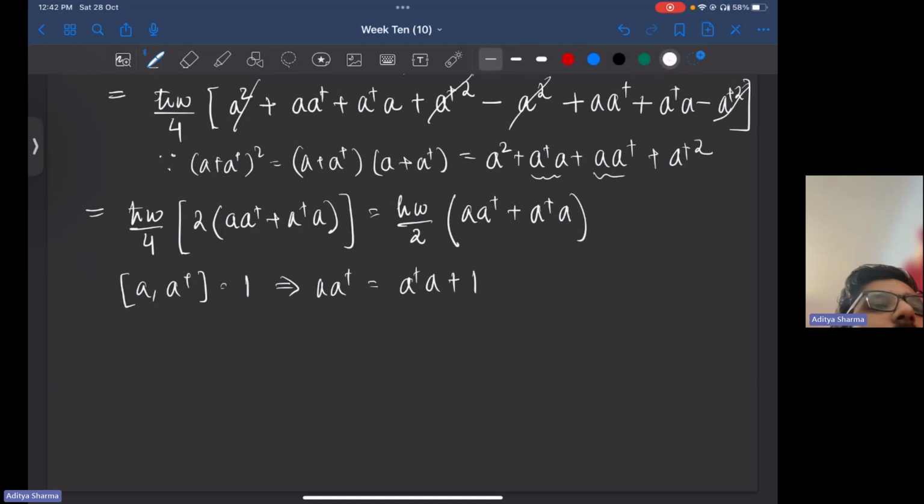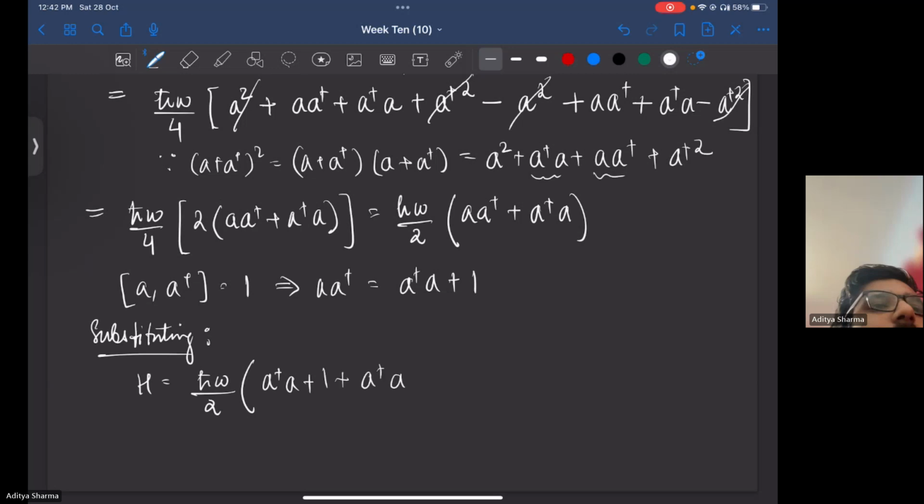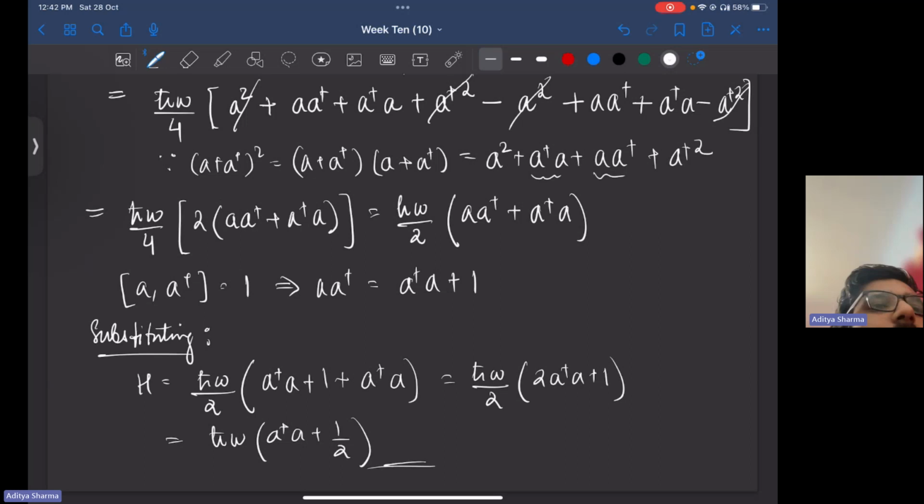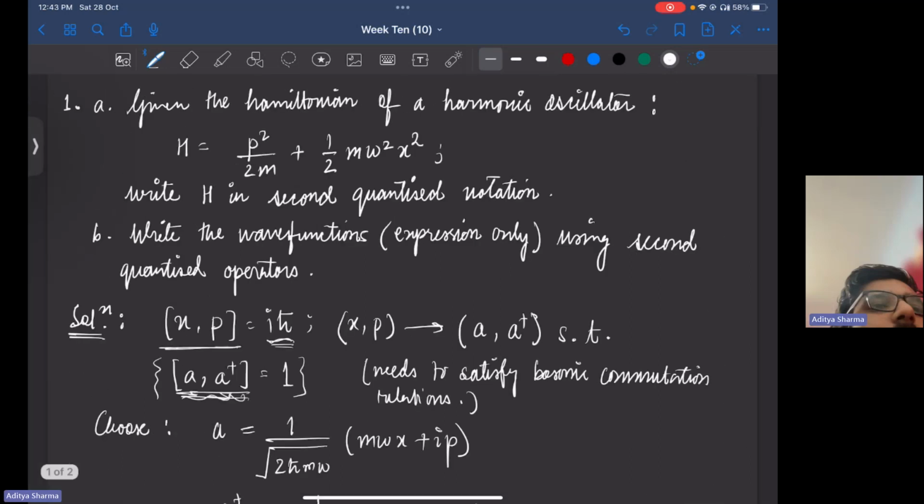Therefore, I'm going to substitute it again and I'm going to get H, is equal to, that is it. We are done. This is the Hamiltonian in the second quantized notation.